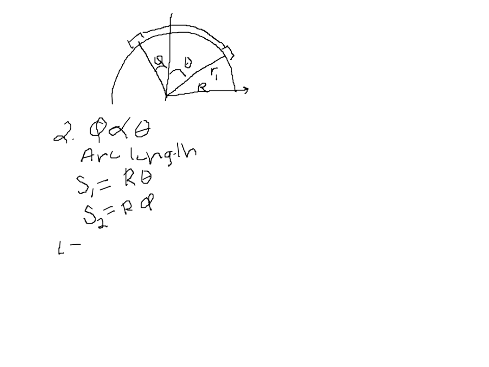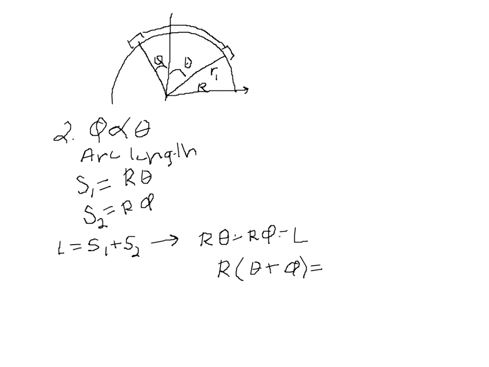So I know that the length is equal to arc length 1 plus arc length 2. So I say R theta plus R phi is equal to L. I pull out the R and I get theta plus phi is equal to L over R. You see where I'm going with this?